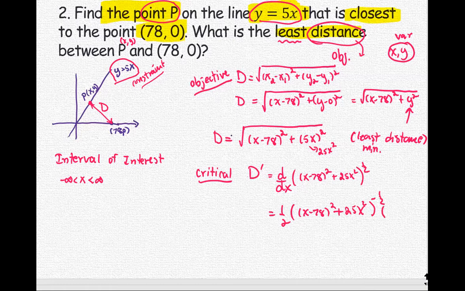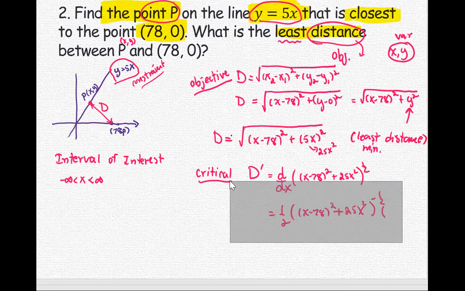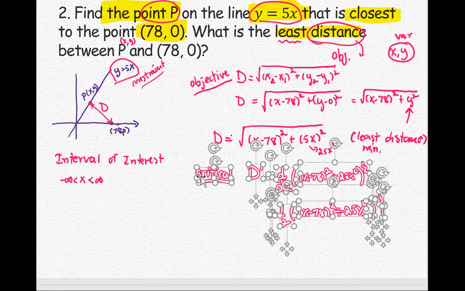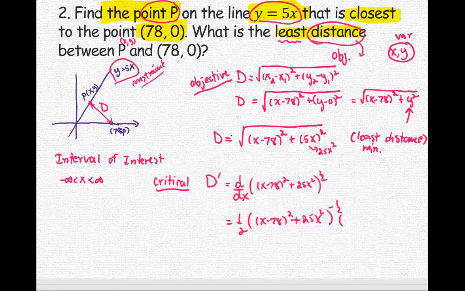Okay, I'm gonna need more room, so let me manage this a little bit. So then the derivative of the inner function would be, for this part, I treat it as 2 multiplied by x minus 78 to the first power times 1.